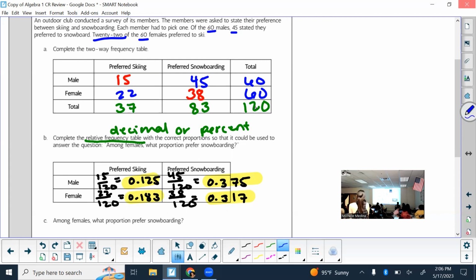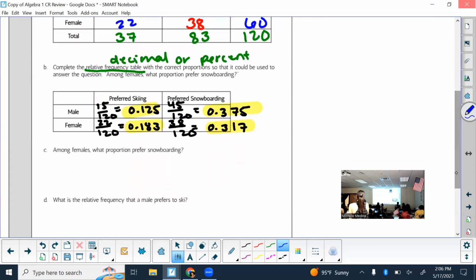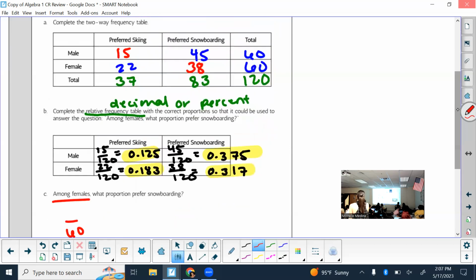Okay, yeah, sure. So part C says among females. So not out of all the people that were surveyed, just among the females. So how many females were there? What proportion prefers snowboarding? So how many females prefer snowboarding? So that's how you set up your fraction. When you're doing these ones, it should never be greater than 1.